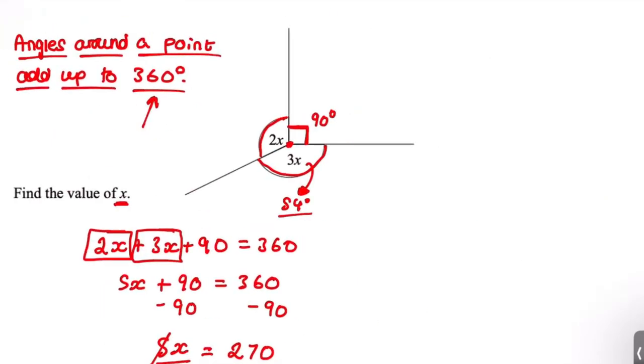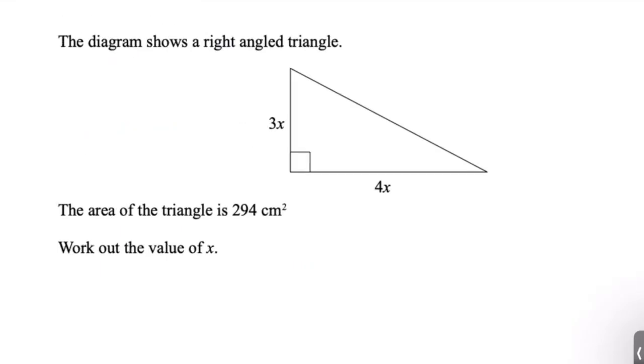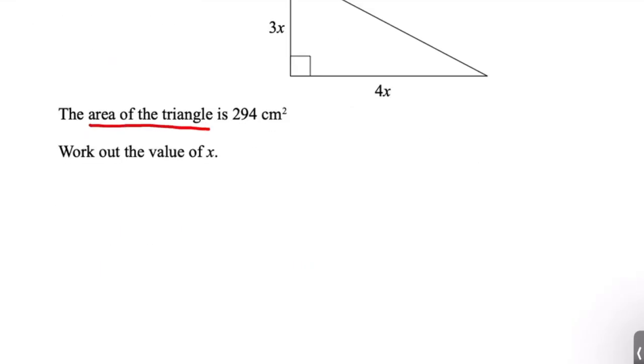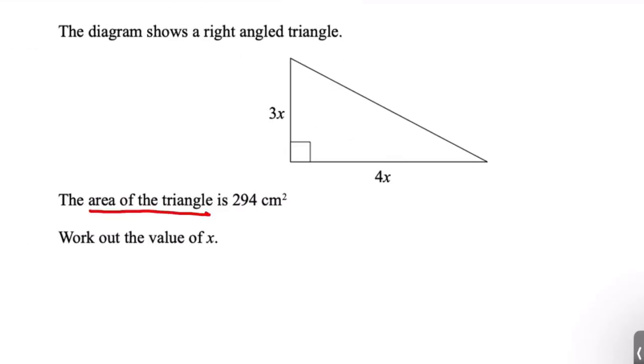Over here, it says find the value of x. And we know that looking at this image, all the angles are around a point, which means that they must add up to 360. In this case over here, it says that the area of the triangle is 294 centimeters squared. Now, if the area of the triangle is 294 centimeters squared, we know how to work out the area of a triangle.